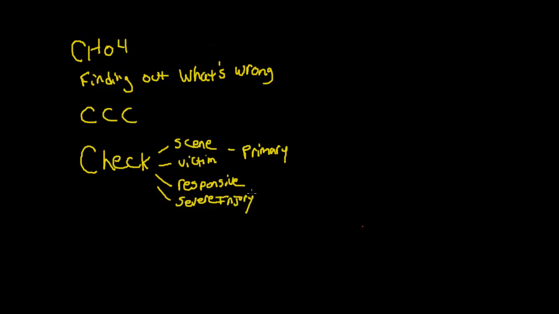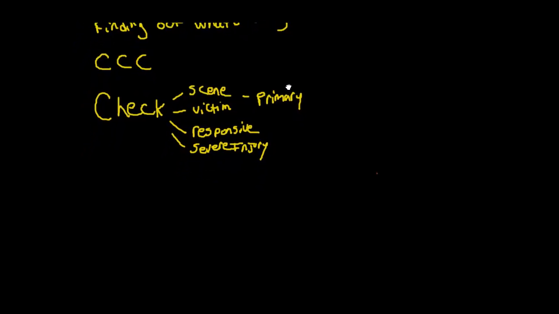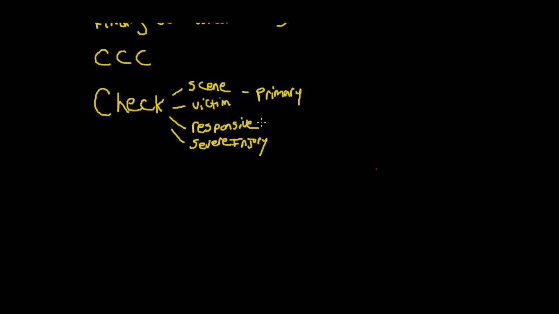So this could be something like external bleeding. We're going to have to care for that right away. And that also gets us into care first situations, call first situations, which we'll talk about in a moment. So that's the first C. You're checking the scene, you're checking the victim, and mainly you're checking here to see if they're responsive or if they have a severe injury.